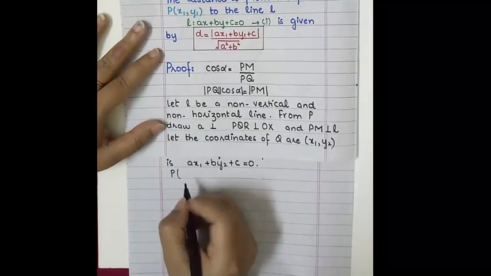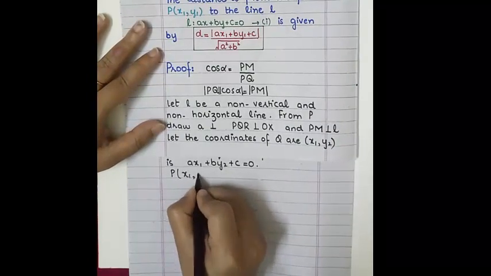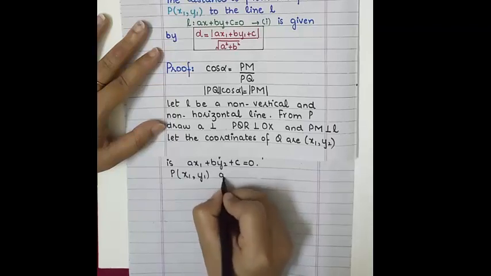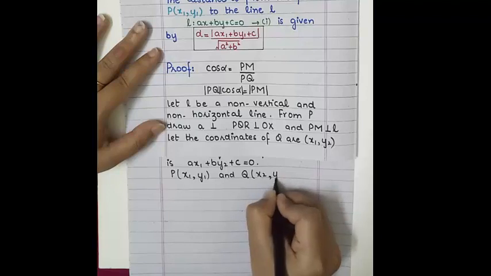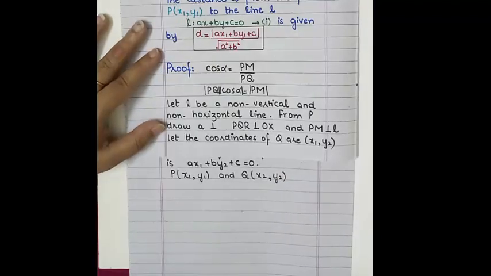We have the coordinates P(x1, y1) and Q(x2, y2).